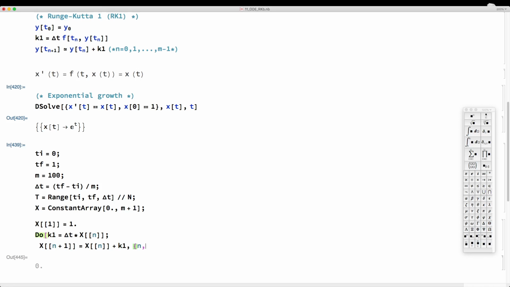So the first value of n will be, let's see, so x1 has been evaluated already, so the next value will be x2 that we need here. So we start from n equals 1, and that will plug in n equals 1 here and compute x2. So the second element of the vector x, and the last value of n will be m minus 1.